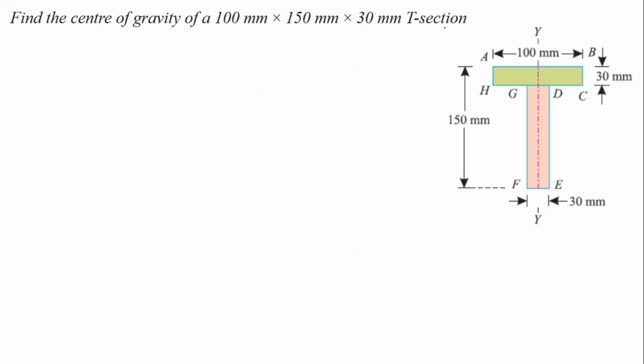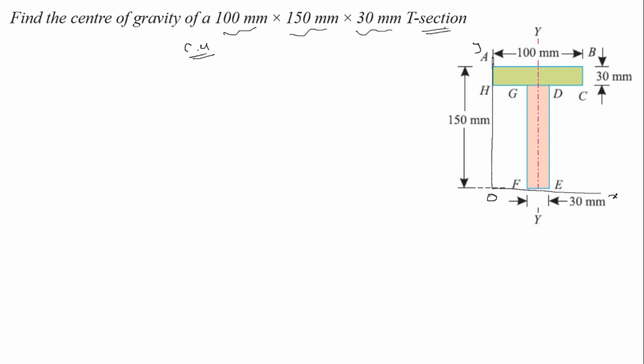Find the center of gravity of a 100 mm into 150 mm into 30 mm T section. We have to find the CG of this given section, right. So, this is the picture and first we have to draw the axis. So, this is y axis and this is x axis, this is O, this is x and this is y, right.